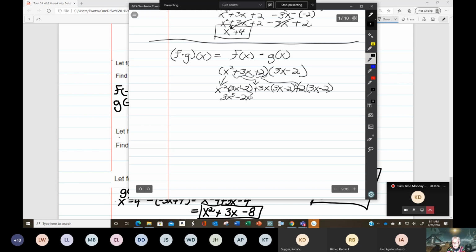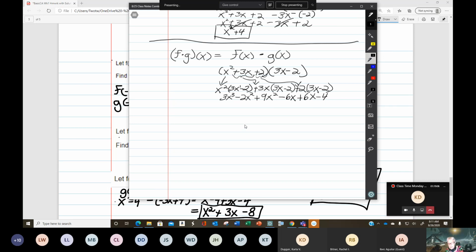Plus 3x times 3x is 9x squared. Plus 3x times minus 2 is minus 6x. Plus 2 times 3x is 6x. Oh, that's handy. And plus 2 times minus 2 is minus 4.